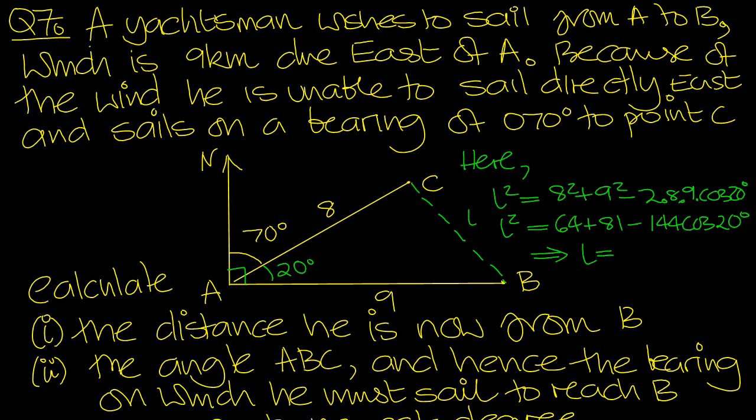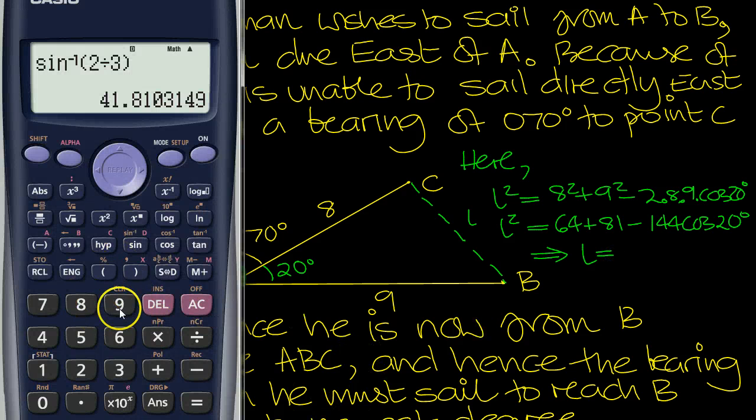So L is equal to, let's just tap it in the calculator. So it's 64 plus 81 minus 144 times the cosine of 20 degrees, we're in degrees mode, is 9.684. And we need to square root, don't we? So square root the answer.